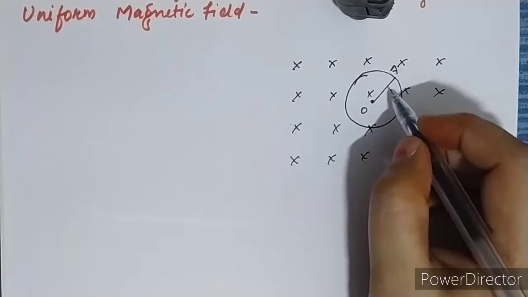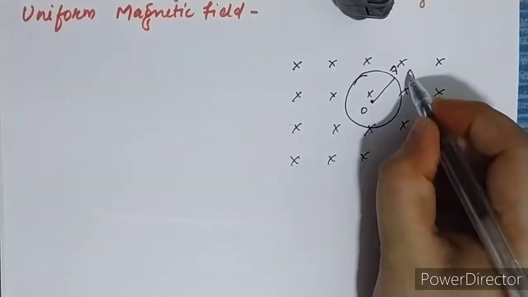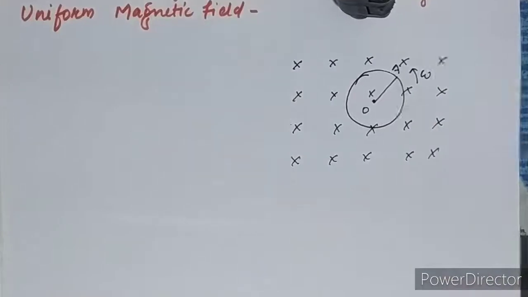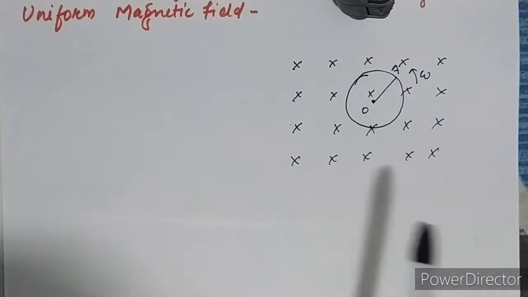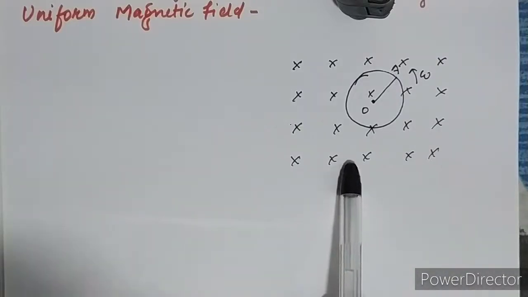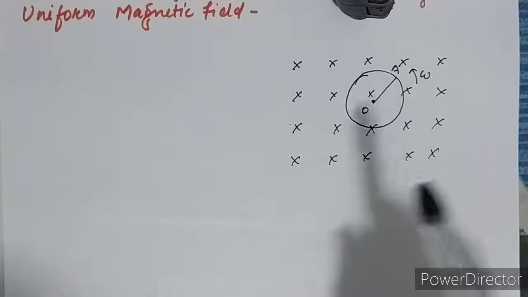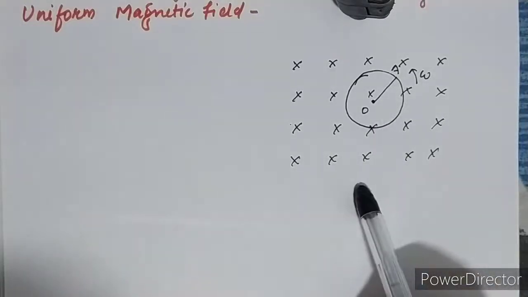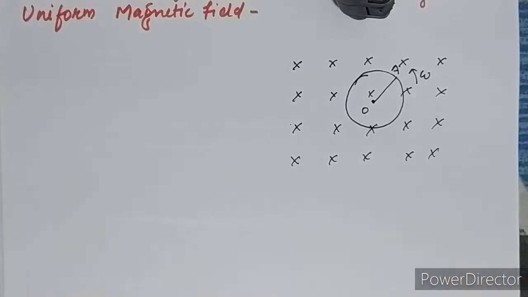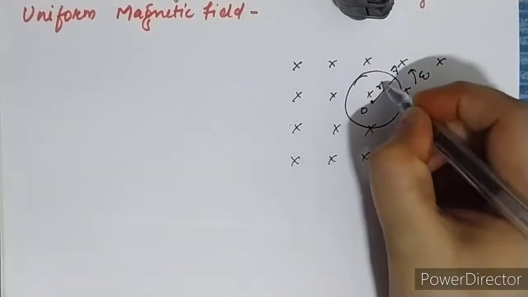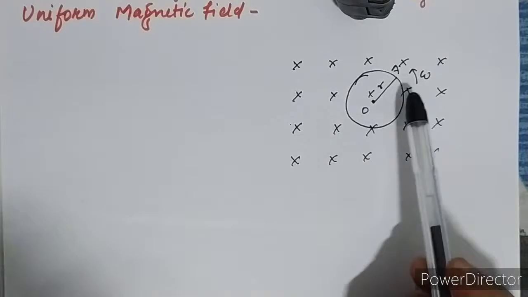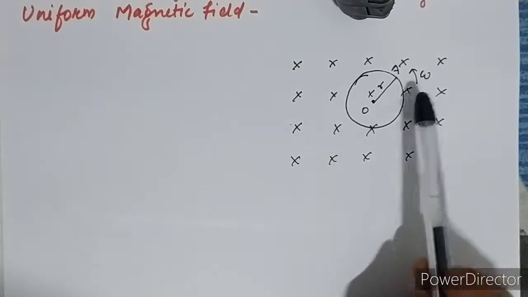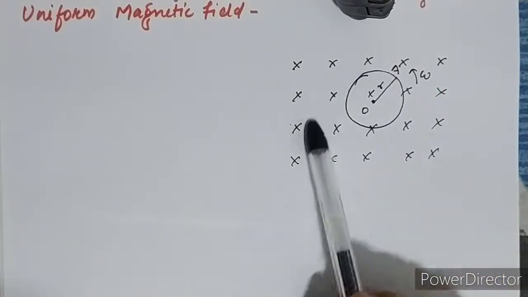Okay, and moving with the angular velocity omega. This is about the diagram. Now a uniform magnetic field B which is perpendicular to the plane of paper and which is inward, that's why it was shown by the cross. A metallic disc of radius r, small r, is rotating in the magnetic field with the angular velocity omega in the plane of the paper which is anti-clockwise.